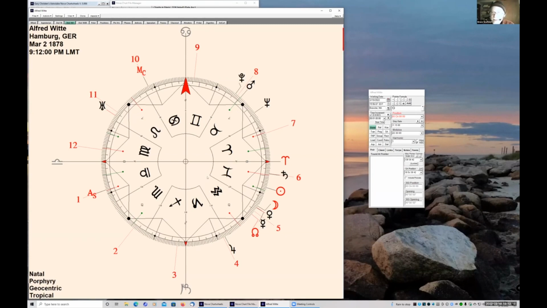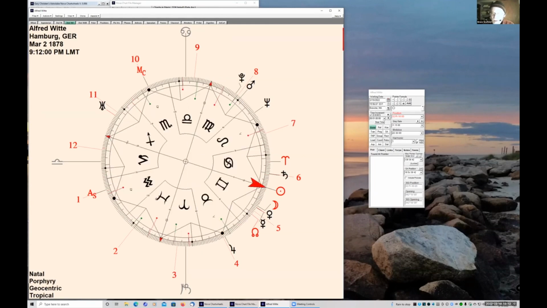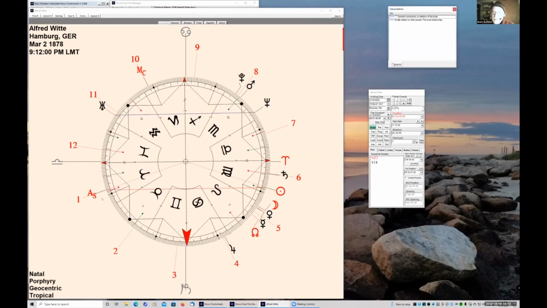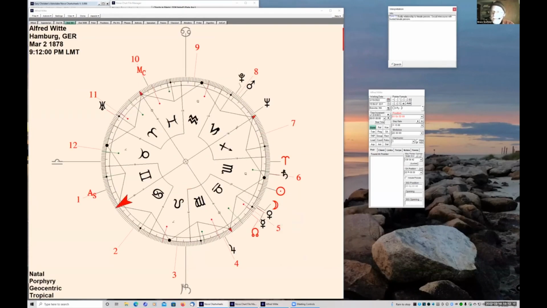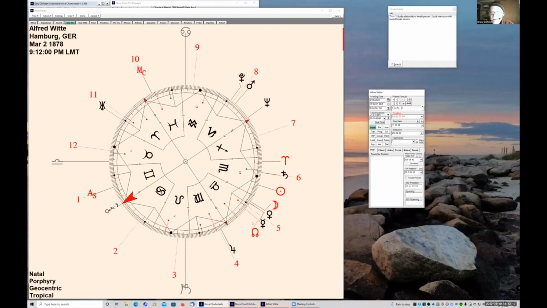But the idea is basically that these distances between points have value when they match other, similar distances elsewhere in the chart. So if you have three planets in a row that are, let's just say, 70 degrees apart, that's not an aspect. That's close to a quintile, so maybe I should pick a different number.